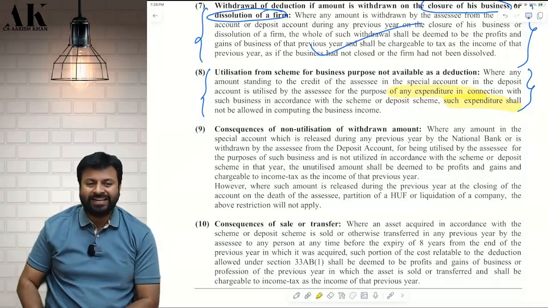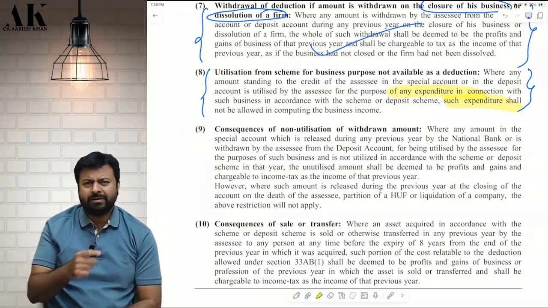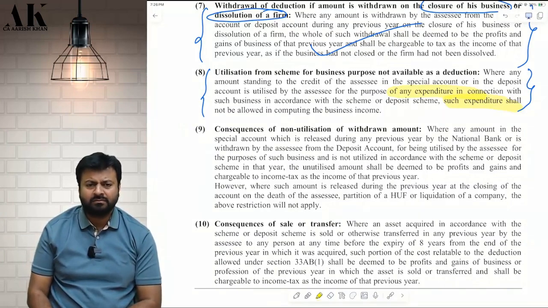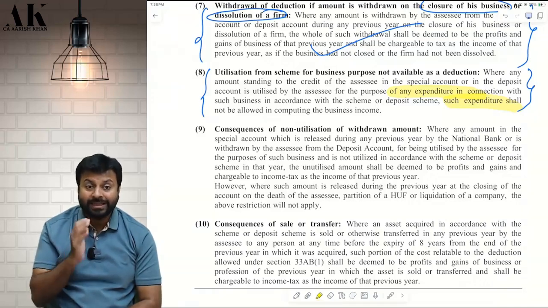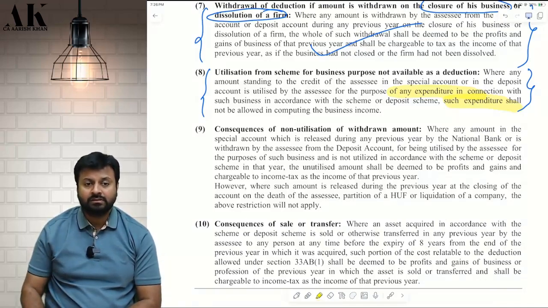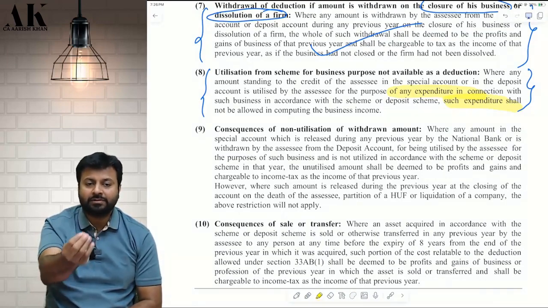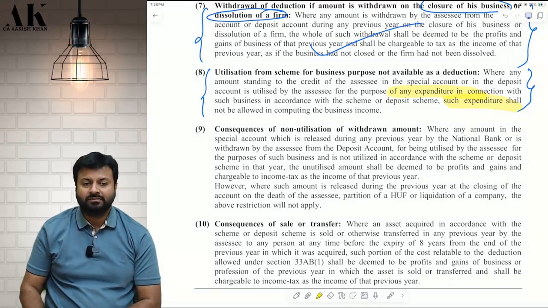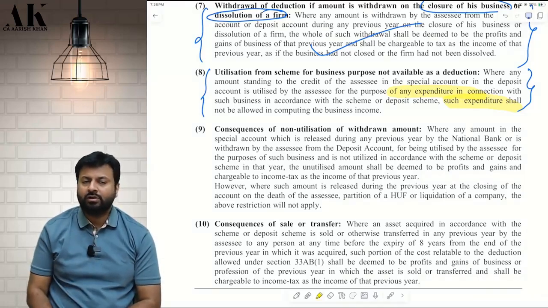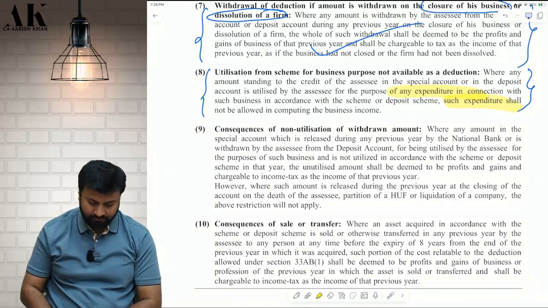That's what is written, right? Is depreciation an expenditure? Is depreciation an expense? It's an accounting question, and the answer is no. It's not an expense, it's an allowance.